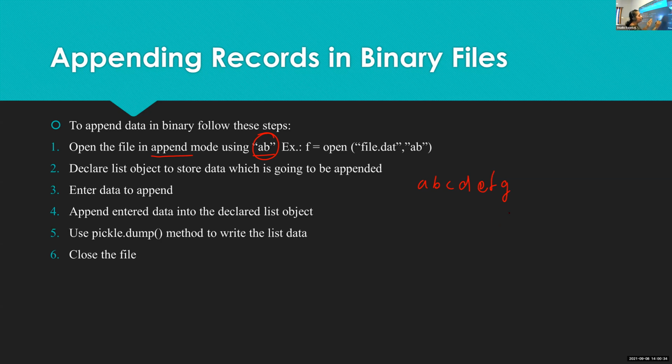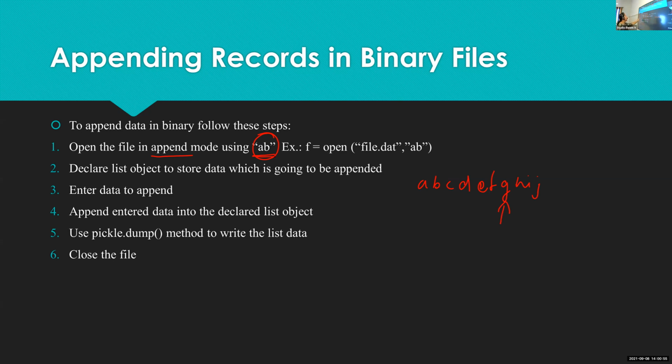If this is the end, the next data will appear here: H, I, J. So for appending, open the file in append mode. The mode representation is AB, then file.dat, comma, AB.